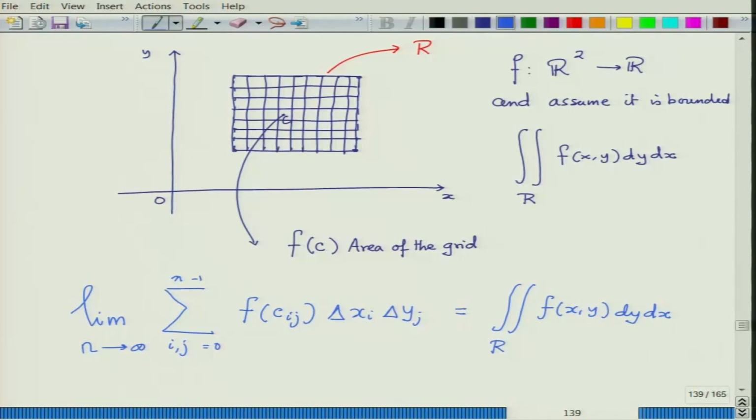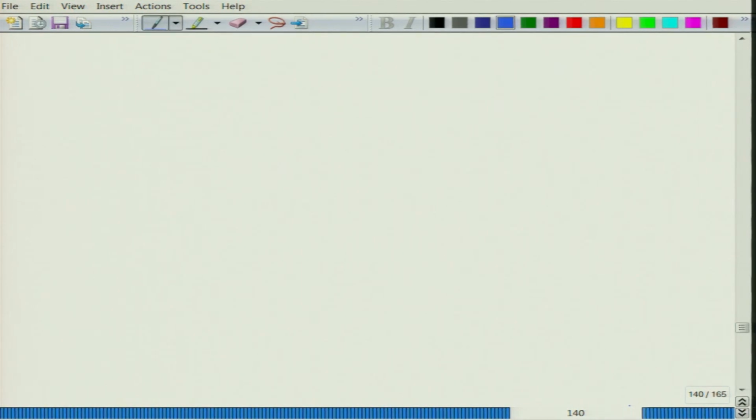One thing you have to understand, just like Riemann integrals, suppose here you have a rectangular domain. Here is your rectangular domain.